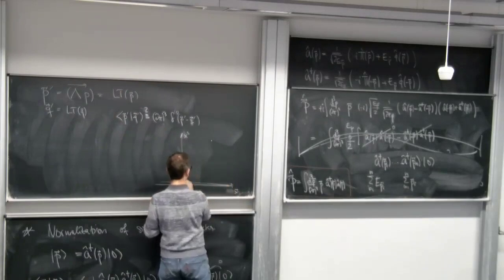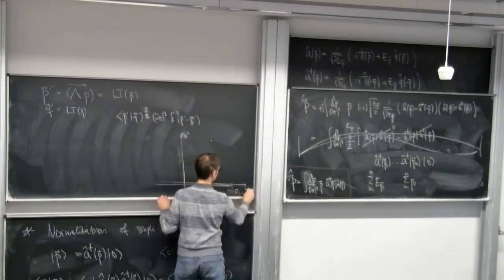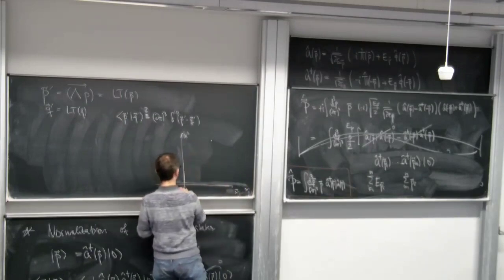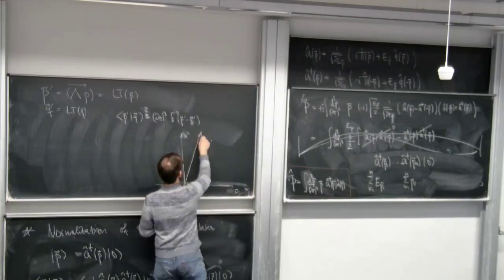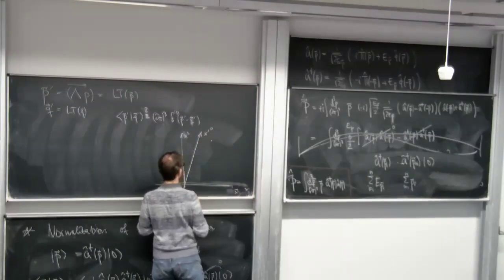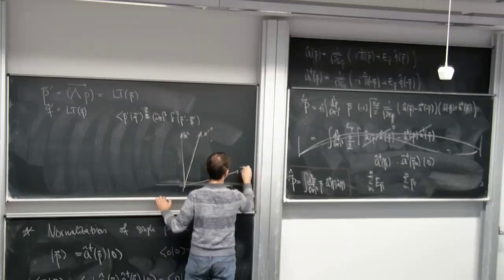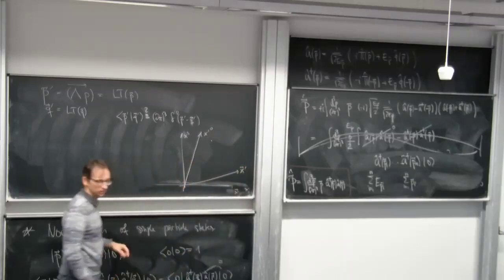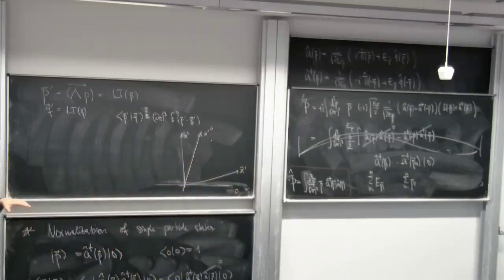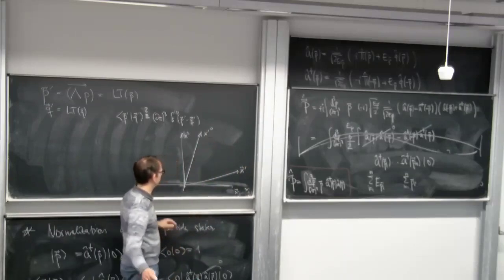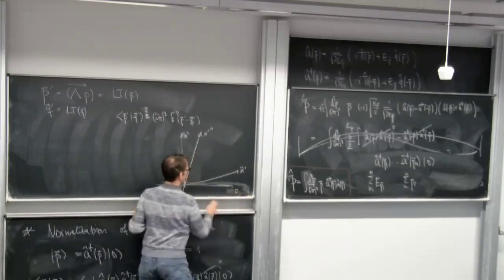Someone else is moving in this direction, and that is the x prime 0, and then that's the x prime axis. I'm not sure if I'm consistent with my notes, whether it goes to the left or to the right, but that shouldn't matter. Let's say we have this.